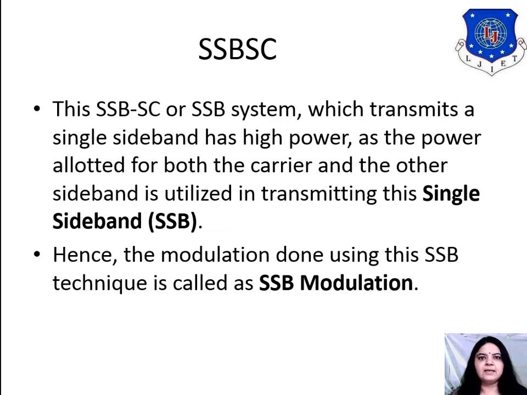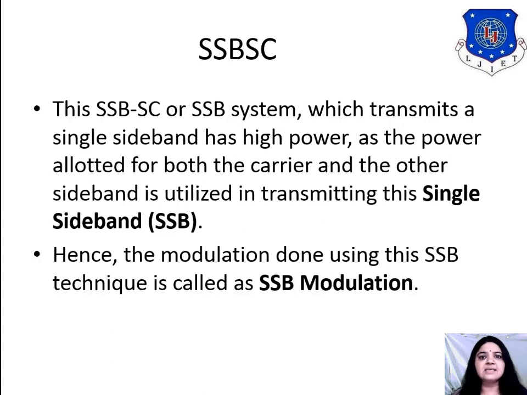SSBSC, single sideband suppressed carrier. Both the sidebands contain the same information. There is no information in the carrier. To save the bandwidth and to save the power, we can transmit either of the sidebands and we can suppress the carrier.